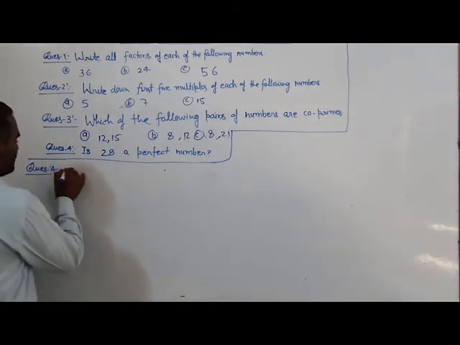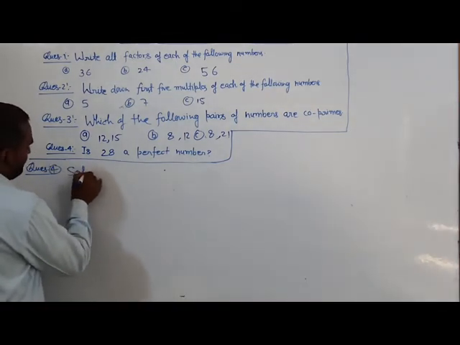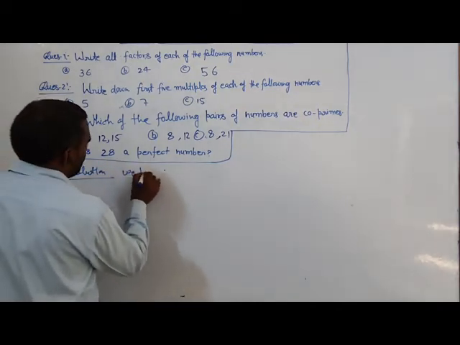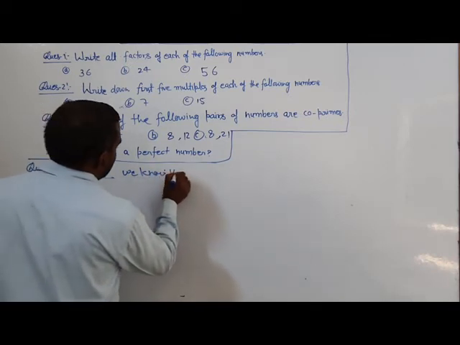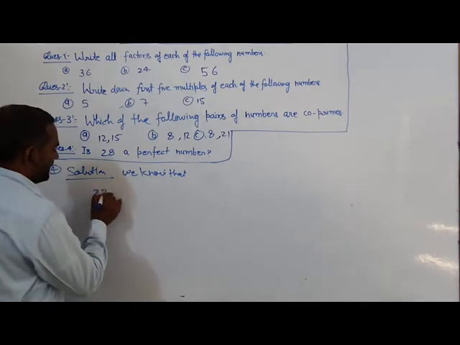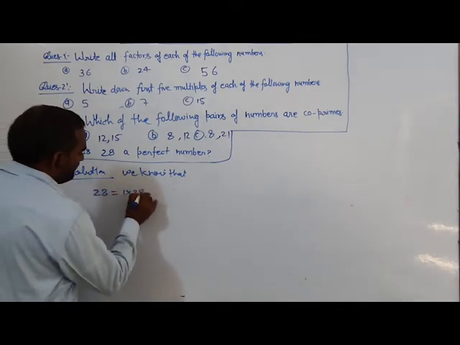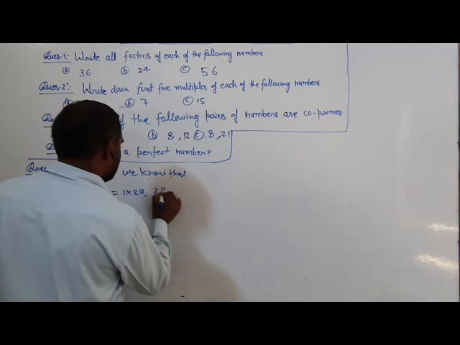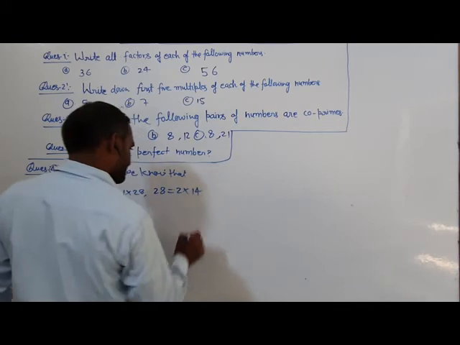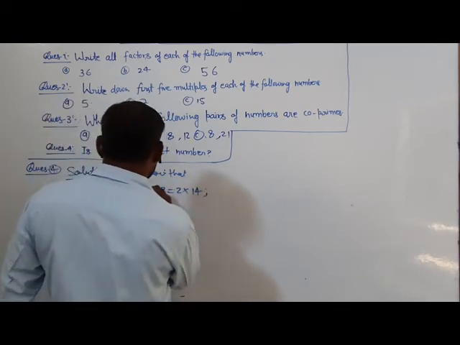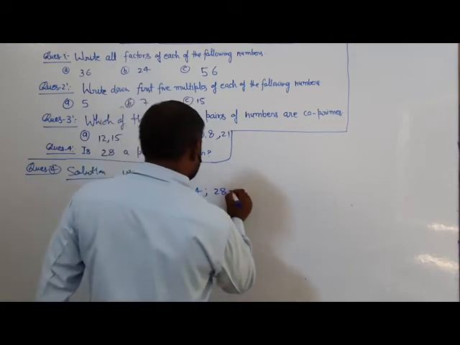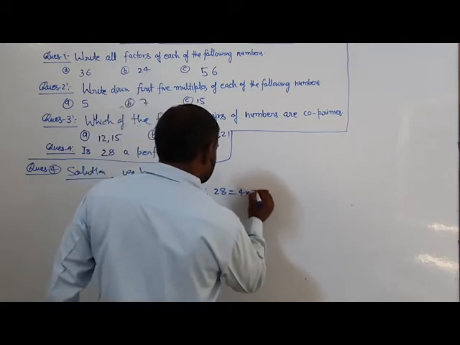For question 4 solution. We know that let's factorize 28. 28 is equal to 1 into 28. 28 is equal to 2 into 14. 28 is equal to 4 into 7.